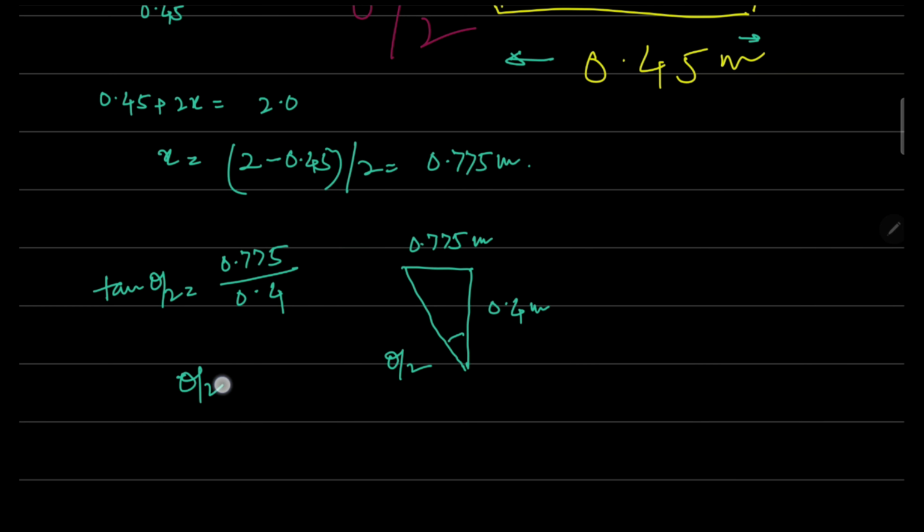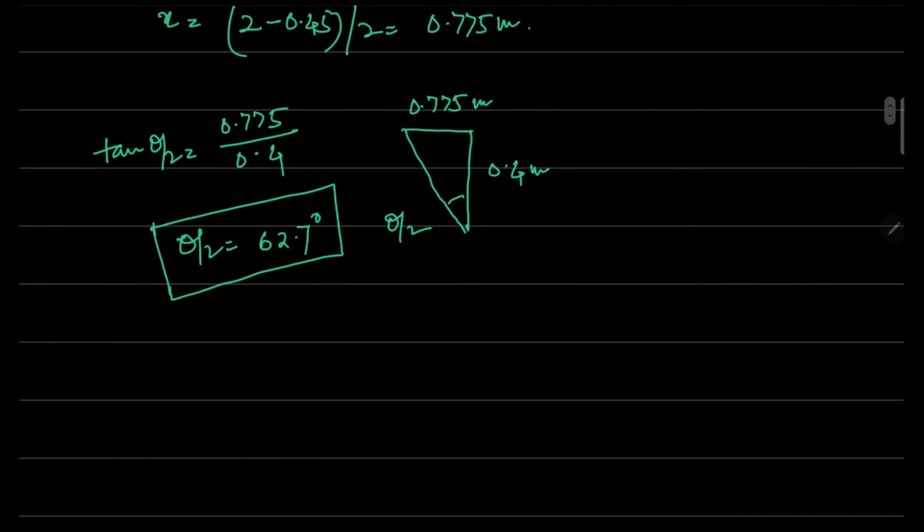So theta by 2 will be equal to tan inverse of this value, which is coming out to be 62.7 degrees. Now theta is known to us.